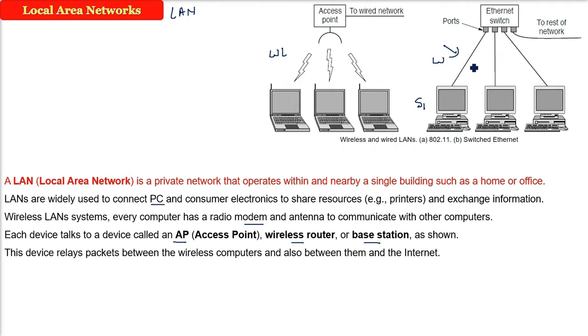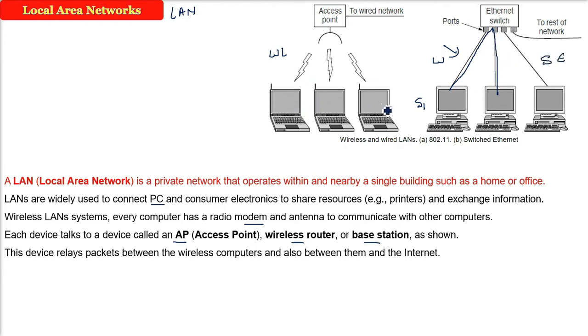Basically it's a network device, an Ethernet switch. Both computing devices are connected to the jacks of the switch, and this is how the communication takes place. So this is a switched Ethernet, because we are using a switch.